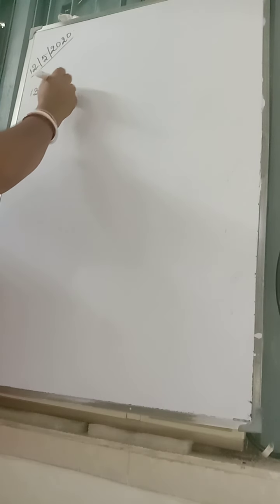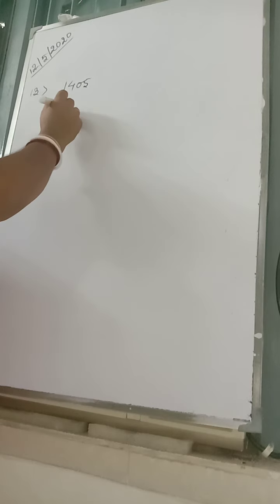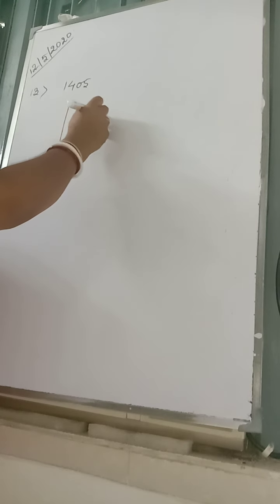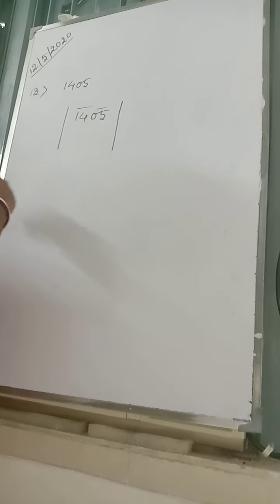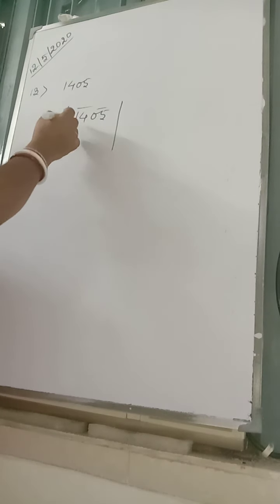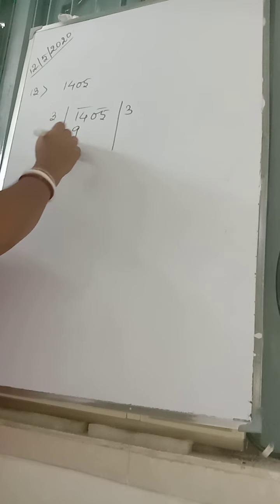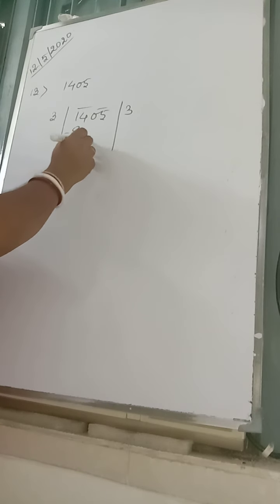The number is 1405. We will just find the square root of it. We don't need to find it at decimal places. So 3 3s are 9, 4 4s are 16. So we will be writing 3, 9, 5, 0 5 is coming.